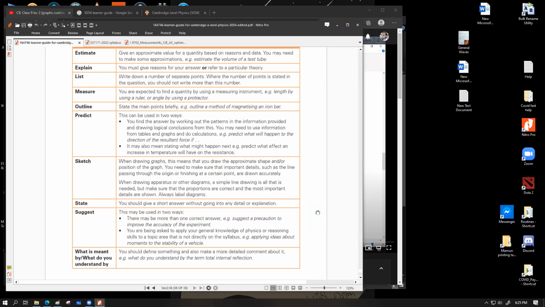Estimate gives us a range. Like in estimate, there's just one correct answer among options, and in suggest there are multiple correct answers.